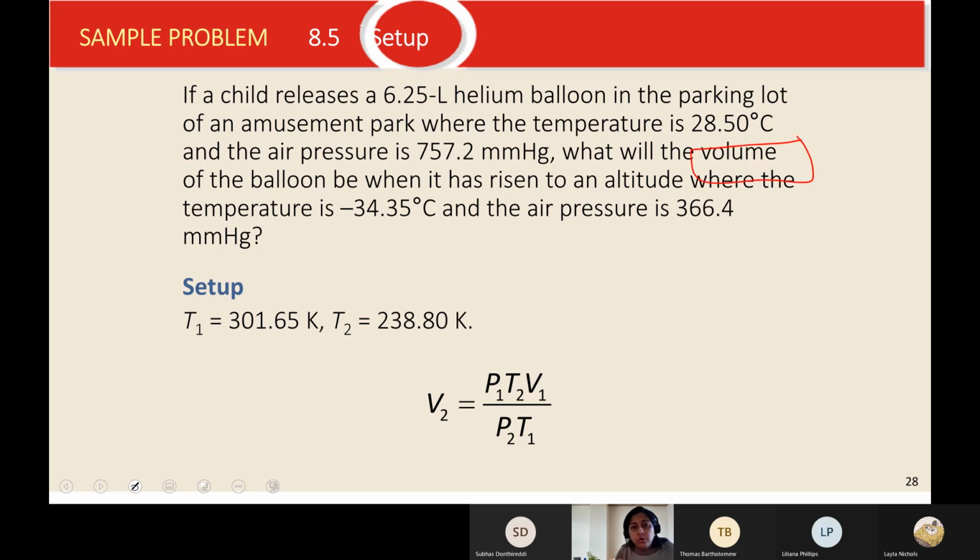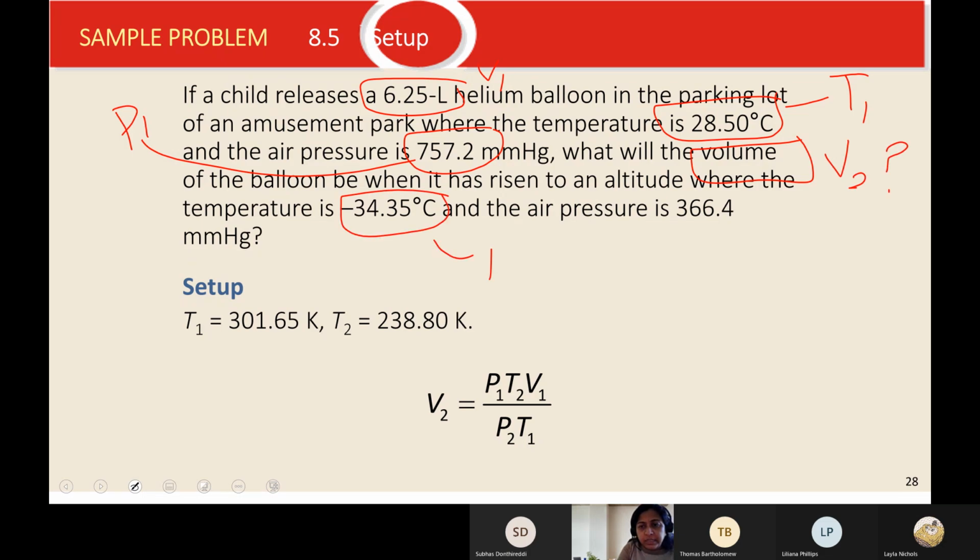We are given V1, the volume, and the temperature T1, and we are given P1. And we are looking for V2, and we are given T2 and P2. What is the other thing? Yes, we can only apply temperatures in Kelvin.